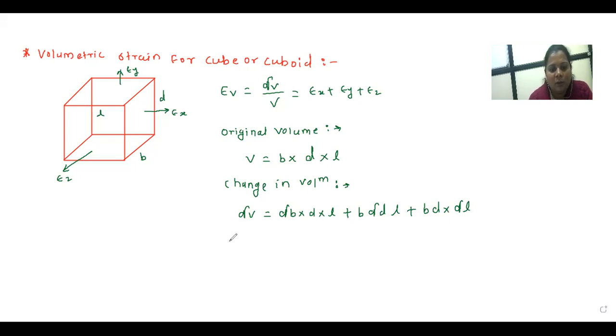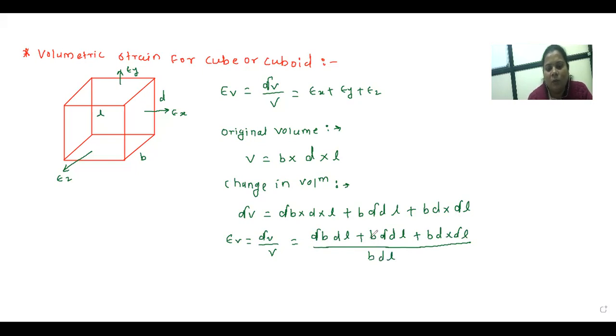Now our original formula is epsilon V equal to del V upon V. We will put values here. So del V is del B into D into L plus B into del D into L plus B into D into del L, divided by the original volume B into D into L. Now we will separate the denominator to each term.